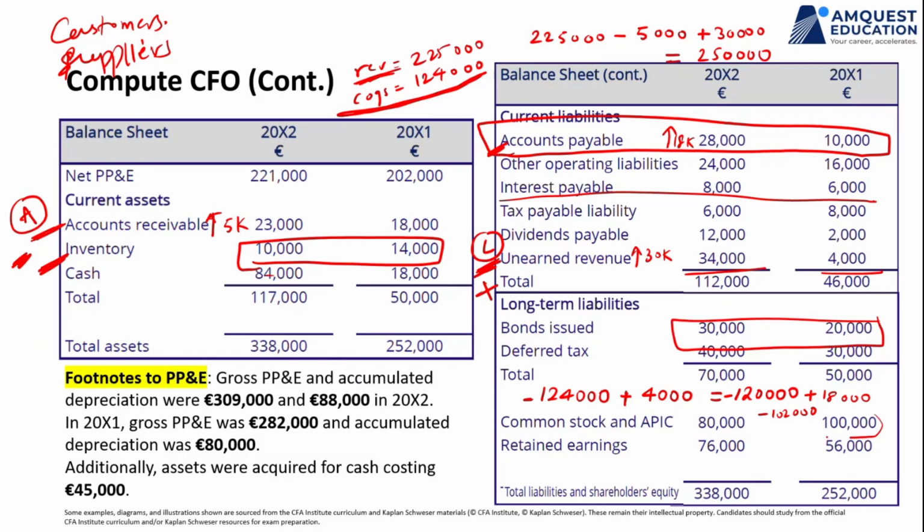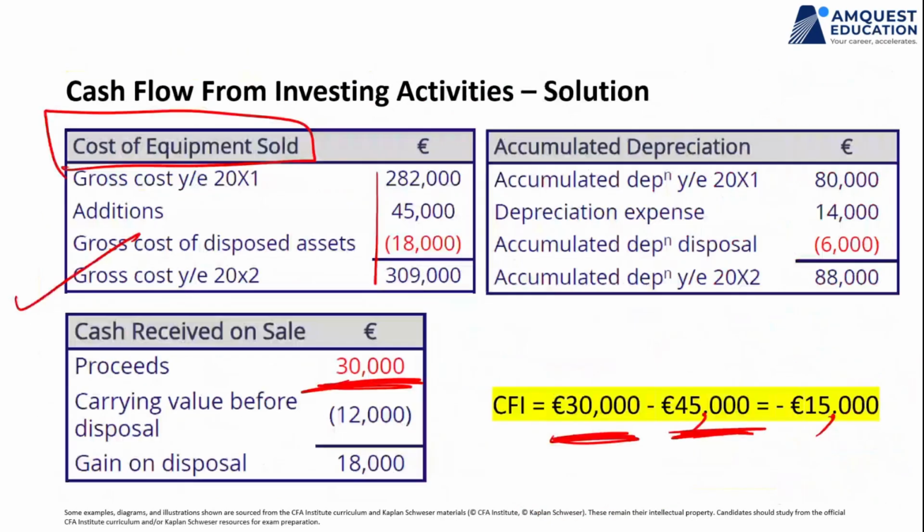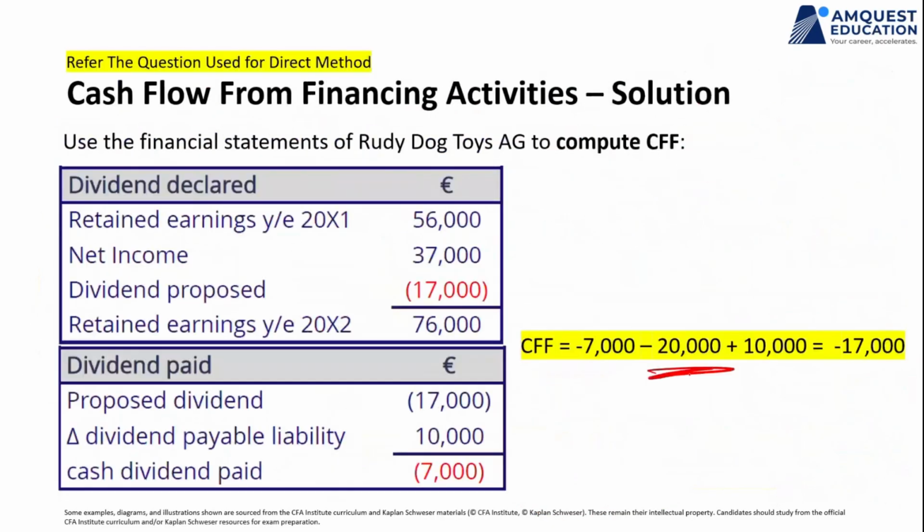And stocks have reduced from 1 lakh to 80,000, which means 20,000 is going out of the company. You have purchased some shares. So 20,000 is going out of the company, share purchase, and 10,000 is coming into the company by way of debt. So money inflow, money outflow, minus sign.